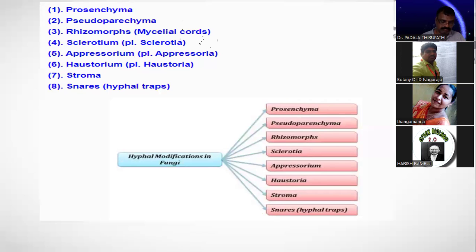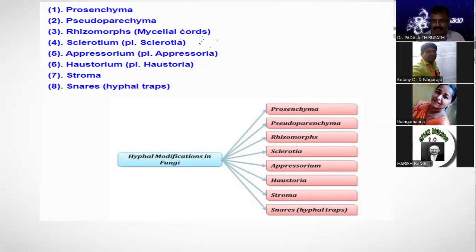Stroma. Stromas are nothing but hard tissue. Snares mean hyphal structures present here and there like a hair-like structure, called snares.